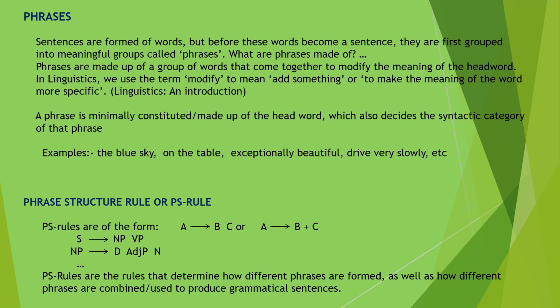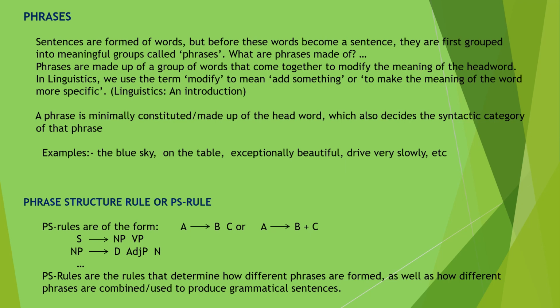Still, using these examples here, in this example, the blue sky, the head word is sky, and blue is something that is modifying the meaning of sky or adding something more to the meaning of sky. It is specifically telling you that the sky which I am talking about is blue. So the sky referred to here is the blue sky. So sky is the head word and blue is the modifier.